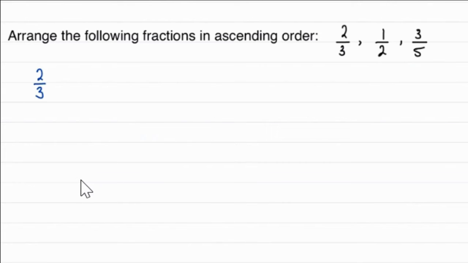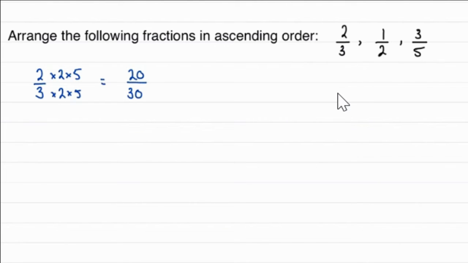So I'll have 2 times 2 times 5, and then times 2 times 5 on the bottom. So as I work that out, 2 times 2 is 4, times another 5, so that takes me up to 20. And my denominator, 3 times 2 is 6, times 5 gives me 30. So we just multiplied that first fraction by the other two denominators.